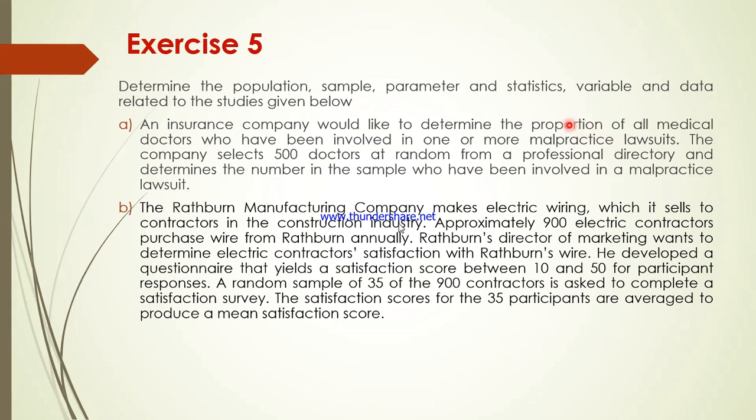If we are taking all medical doctors who have been involved in one or more malpractice lawsuits, that is a parameter.